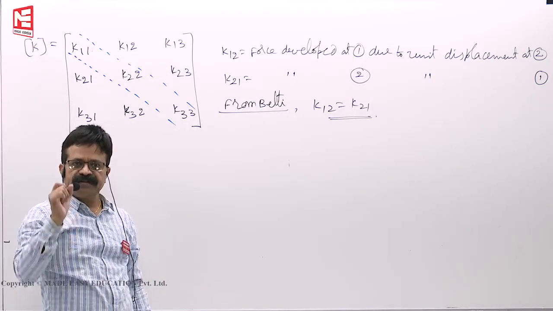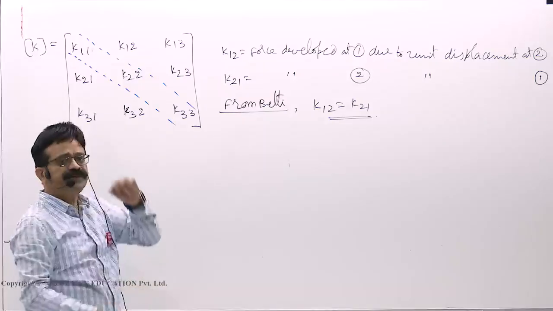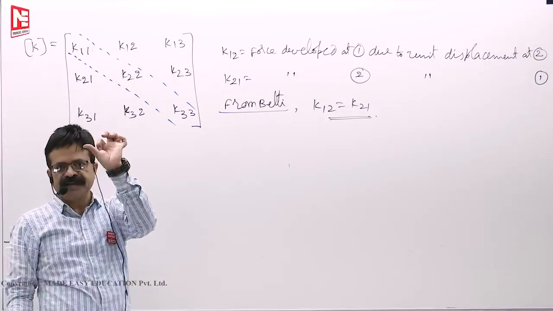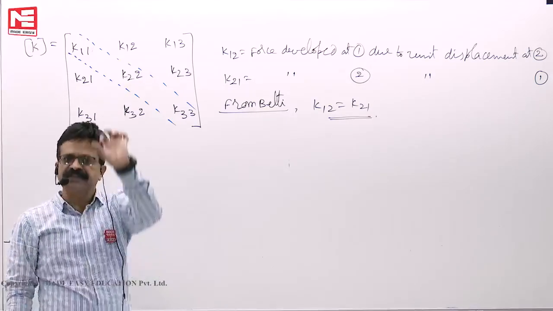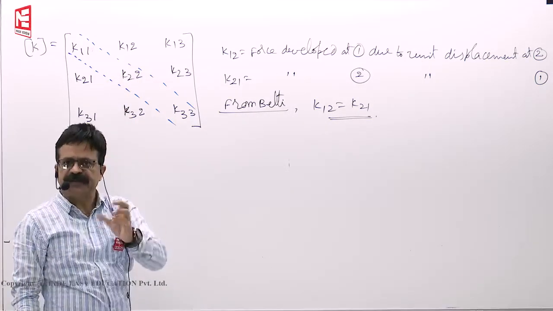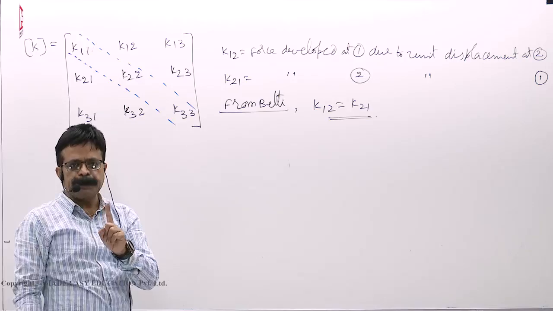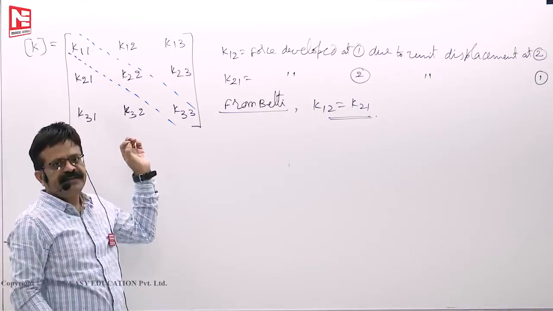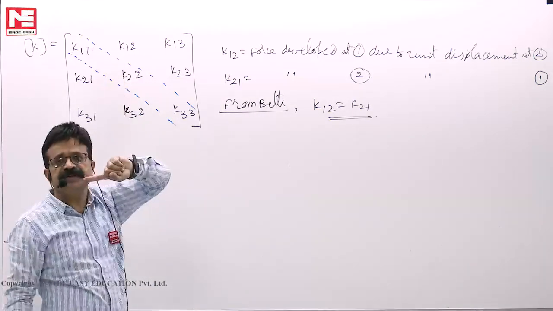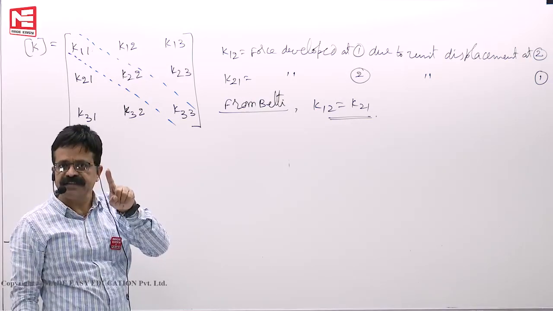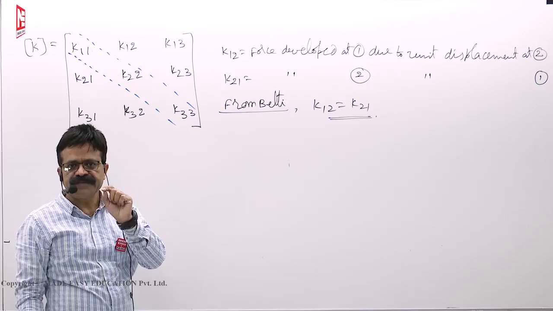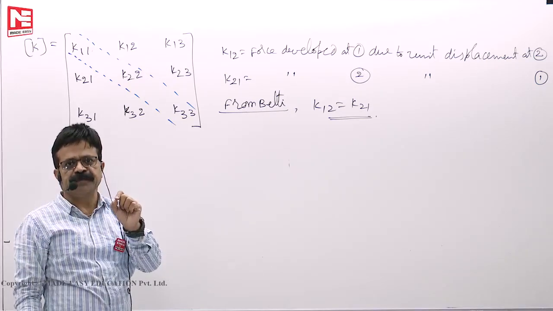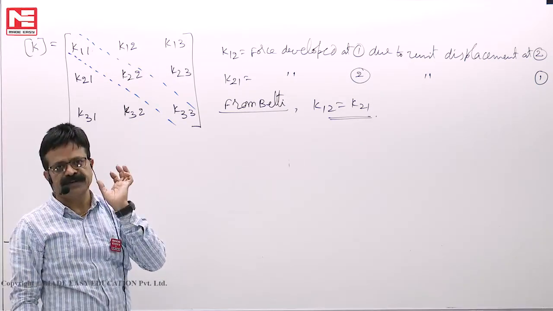That's why always, wherever you are giving the unit displacement, at that point, force will be developed in the direction of the displacement only. That's what is Castigliano's theorem 1. The first partial derivative of strain energy with respect to displacement at any point gives you force at that point in the direction of the displacement only.